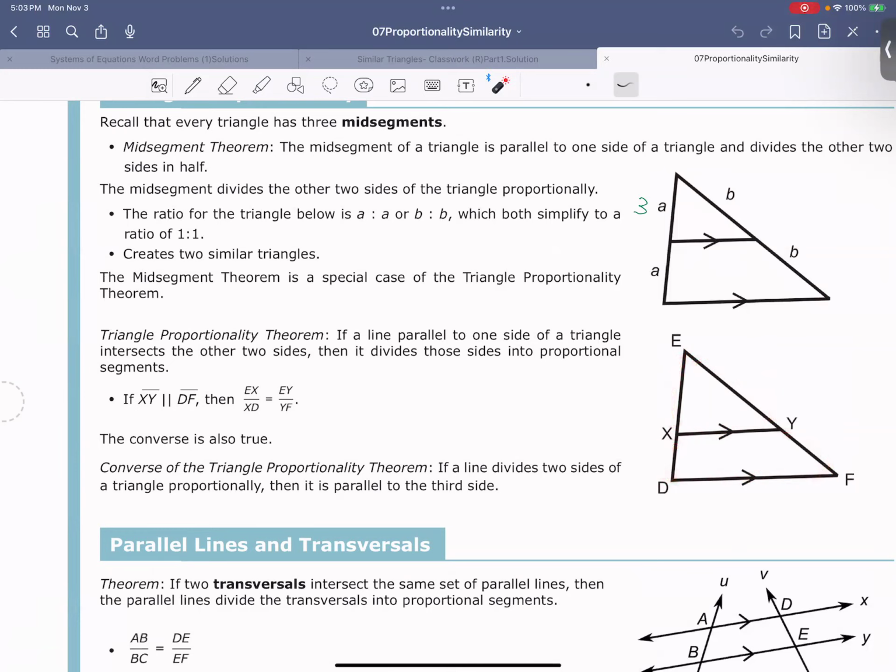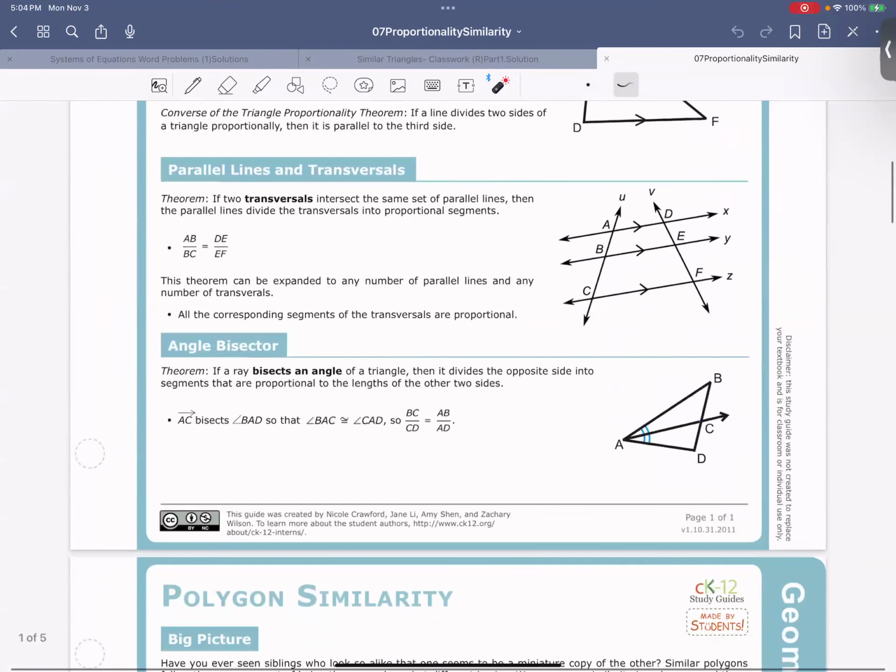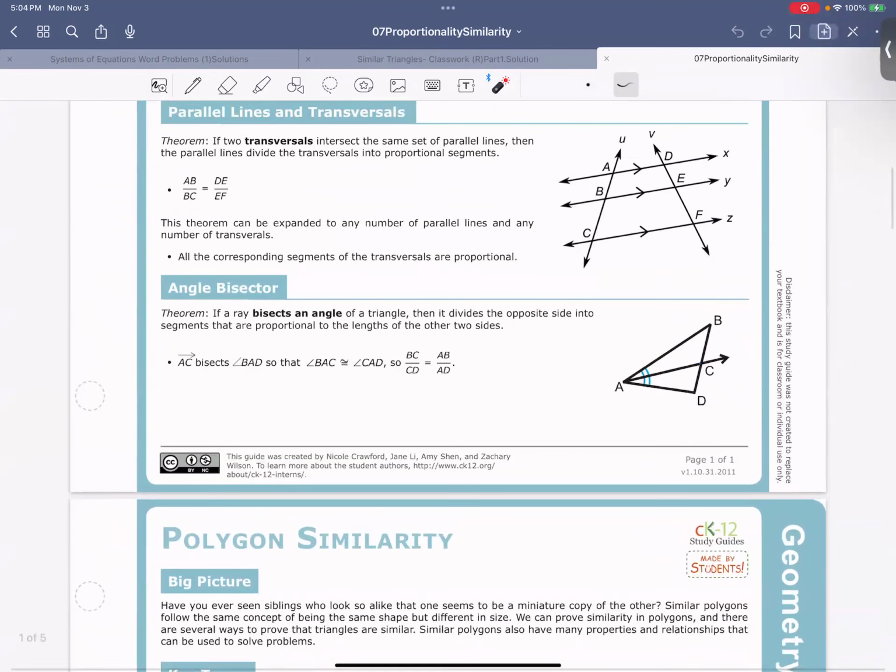That is also true. But you cannot say this top over the bottom equals this top over the bottom. That is not true. Part divided by whole equals part divided by whole. But you cannot say the top over the bottom equals this over that. That's not true. Let me show you why this is important.